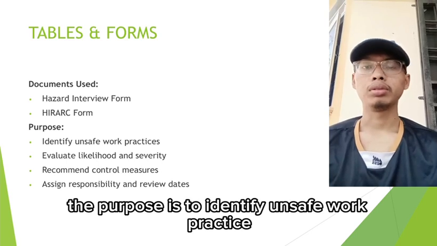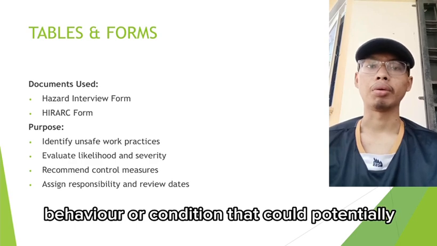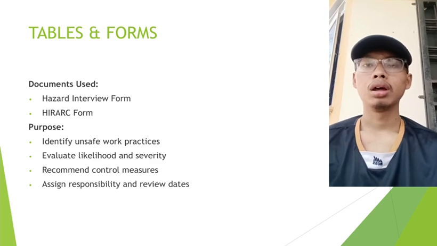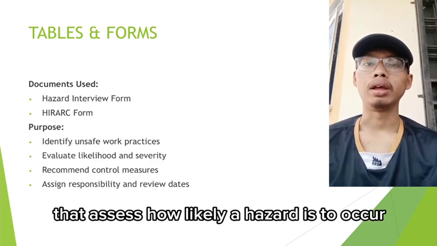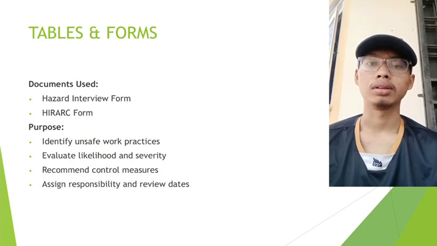The purpose is to identify unsafe work practices that help pinpoint activities, behavior, or conditions that could potentially lead to accident or injuries. It also evaluates likelihood and severity, that assess how likely a hazard is to occur and how serious the consequence could be if it does.